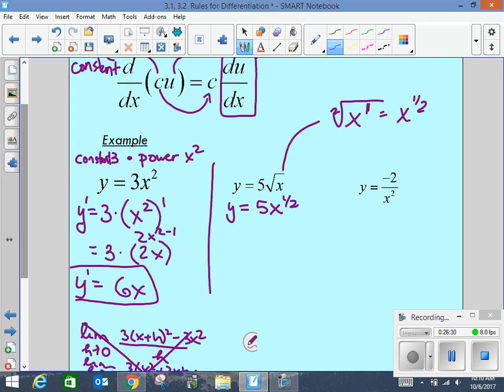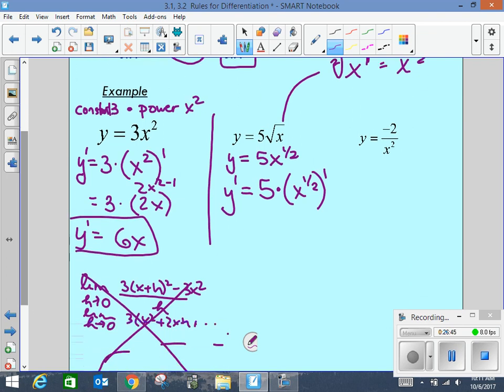Now you're going to try y prime with the constant multiple rule, because we have a 5 that we're just going to hang on to. And then we're going to multiply by the derivative of x to the 1/2. So x to the 1/2 derivative is what? Be careful. What is it, Sarah Coffin?